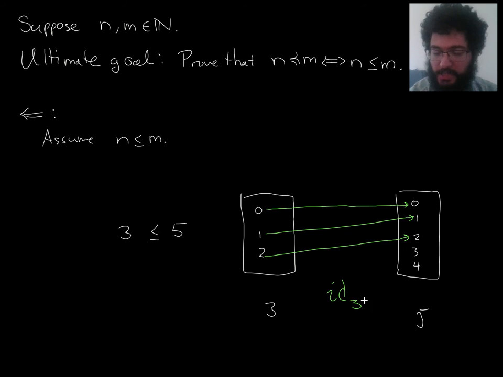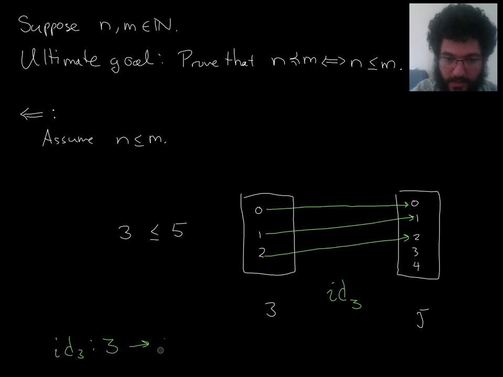So there's our injection. Now it's true, the identity on the set 3, we have said many times, maps 3 to 3, but I can also enlarge the codomain, and this is still true. It also maps 3 to any set that contains 3 as a subset.